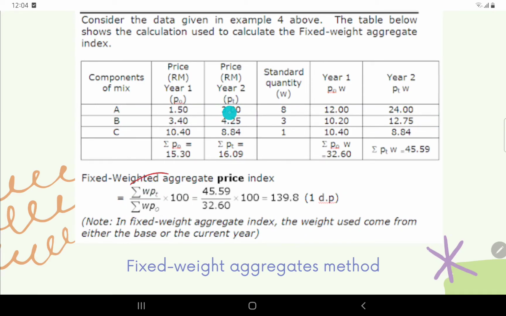So PT yang ni darab dengan W. 3 darab 8, 24. 2.25 times 3, so 12.75. And 8.84 times 1. So dapat ini. So total up this one and total up this one. So we'll get insert in this formula. So we'll get 45.569 divided by 32.6 and then multiply with 100. So the answer is 139.8.